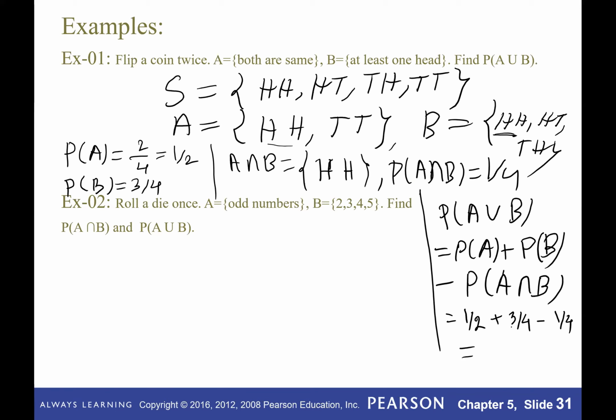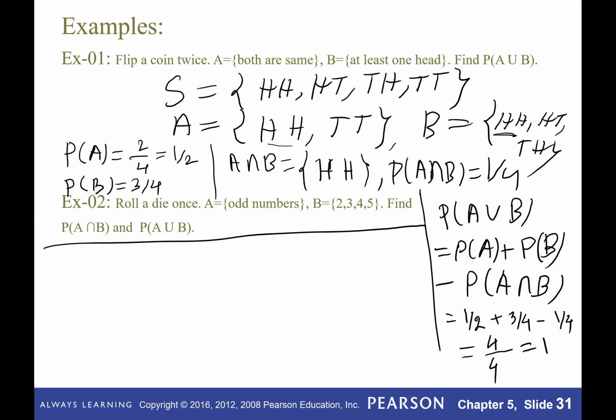So then it will be 5 minus 1. It will be, I think, 4/4. This is 1. It is 4/4. Yes, this is 4/4. Okay, so this is one way.